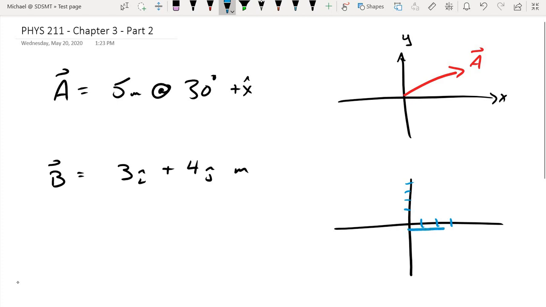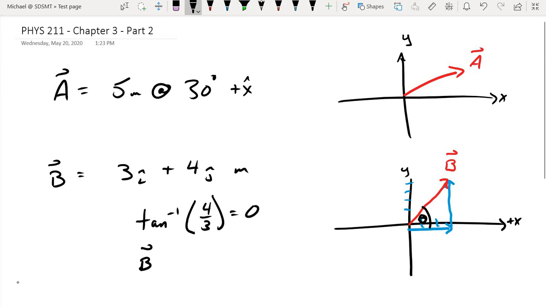And if we follow along those directions in the x and the y direction, then we will produce our vector B. And then we can figure out what the angle that vector B makes with the x-axis by combining the x and y components of our vector using the inverse tangent.